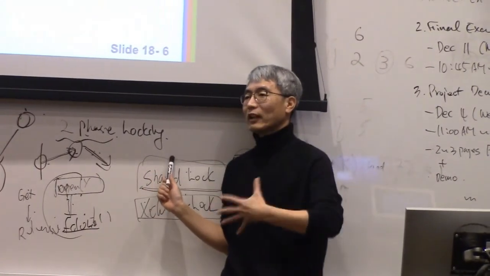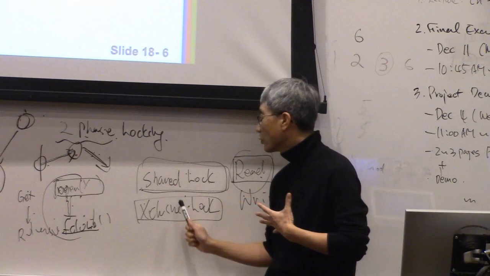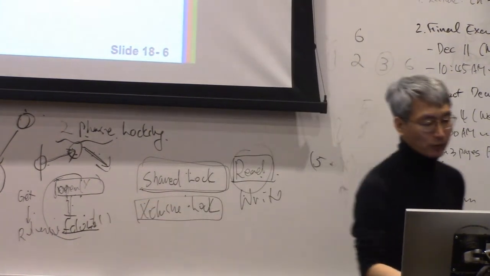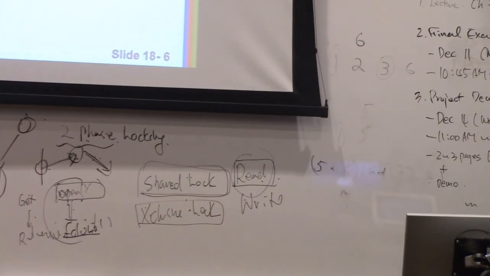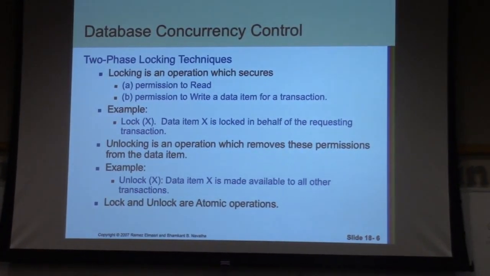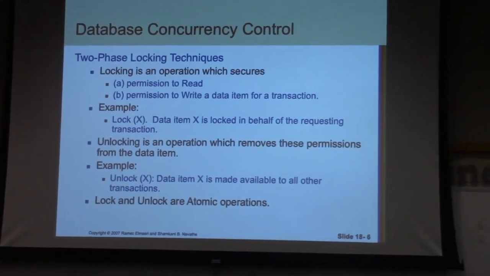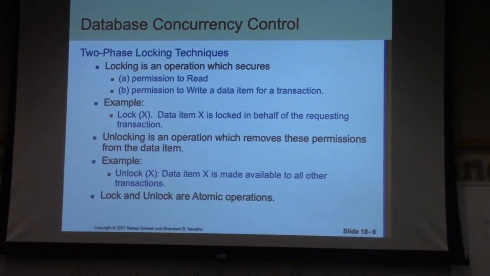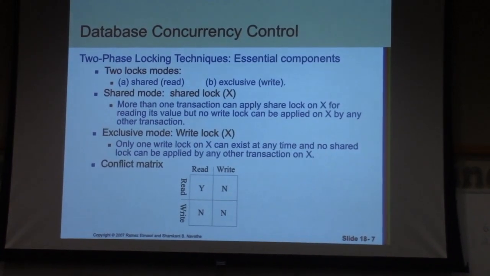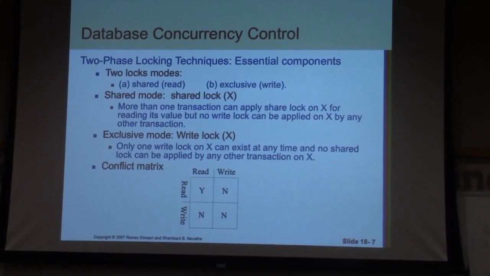It's a logical kind of data structure level resource: lock, and after you use it, unlock. We are going to use these operations. Lock and unlock operations are atomic, which means either everything happens or nothing. If something happens in the middle, it should go back. So we have shown the shared lock and the exclusive lock and the conflict.